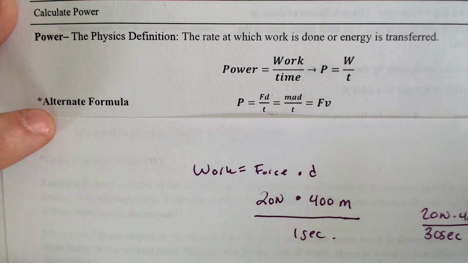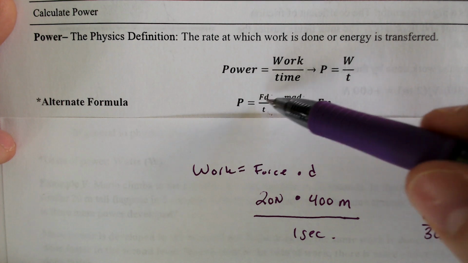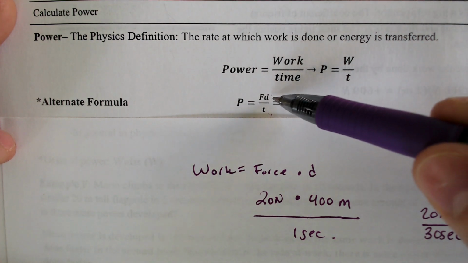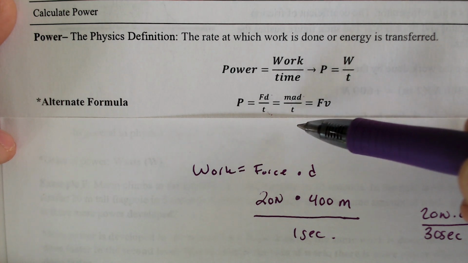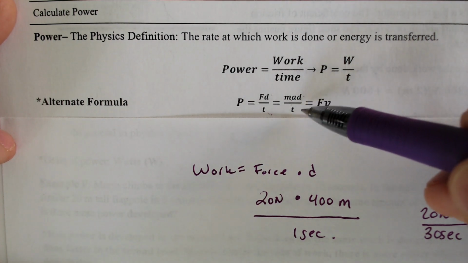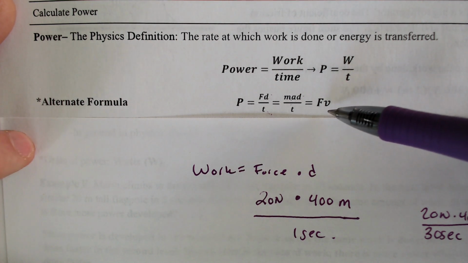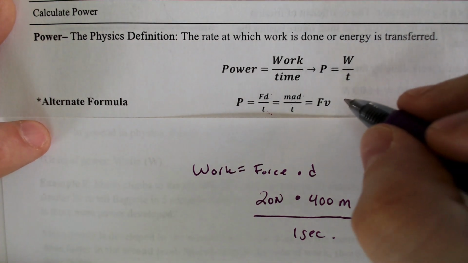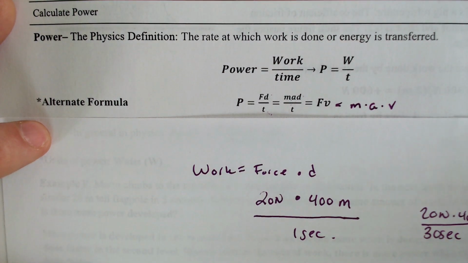That would be velocity. So an alternate formula that you could have would be any of these three. Force times distance divided by time, mass times acceleration times distance divided by time. But then remember, distance divided by time is velocity, so you could have force times velocity. You could even have mass times acceleration times velocity, MAV.